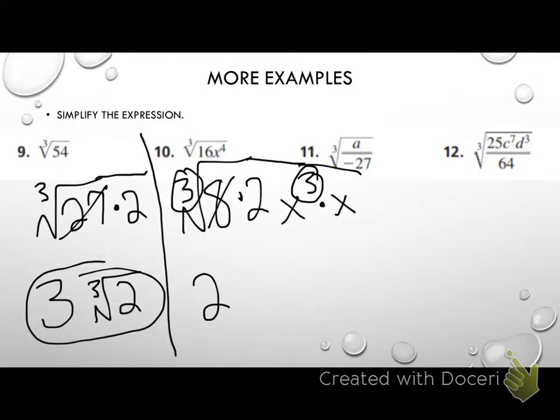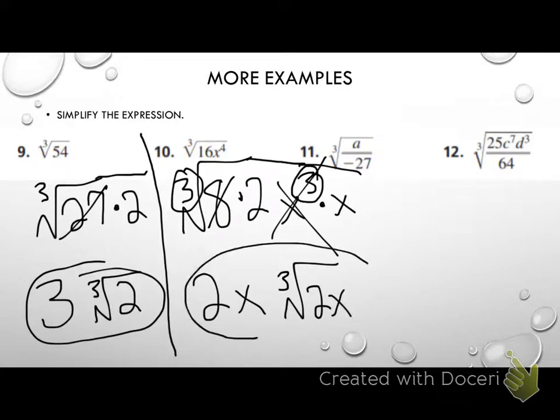So 3 divided by 3 gives me 1. So that'd be x to the 1st power, or just x. And then I cannot take the cube root of x, so that'll also stay under the radical. So I've taken the cube root of everything that I can, and whatever I could not take the cube root of stays in the radical. So there would be my answer for number 10.